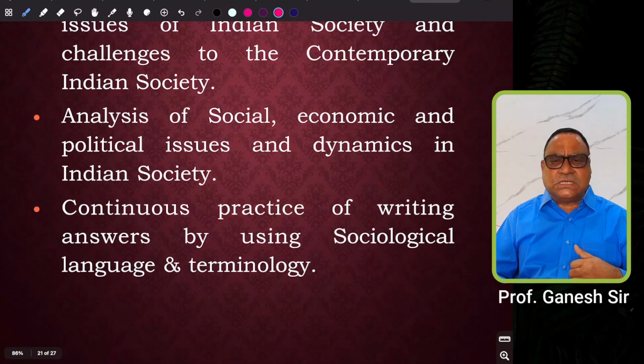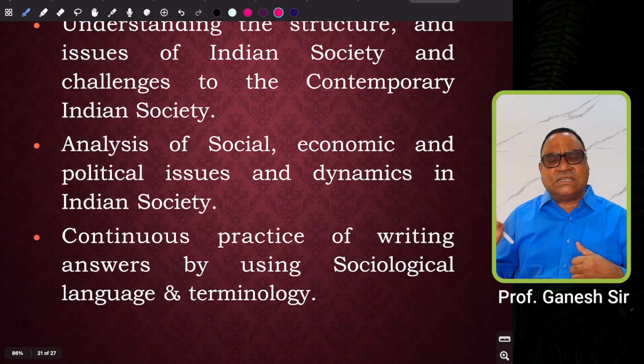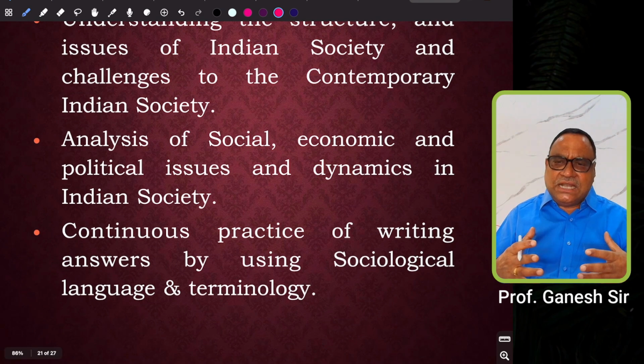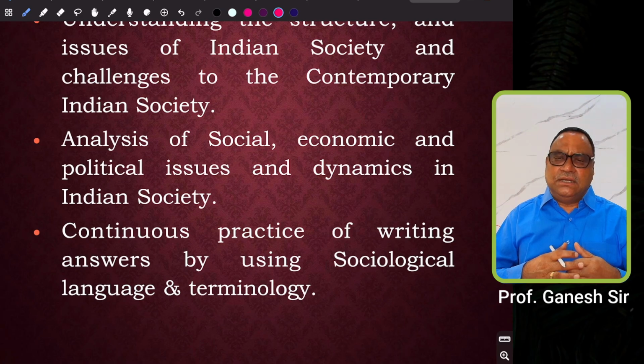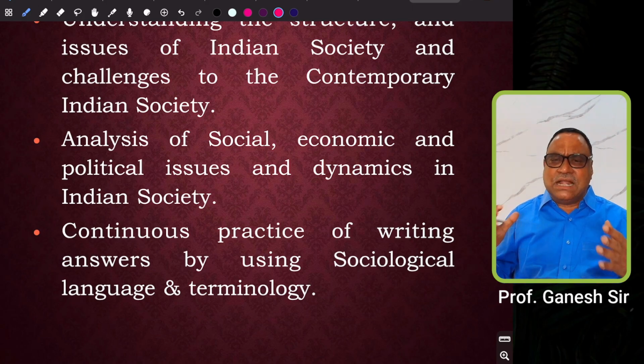Then most importantly, continuous practice of writing answers by using sociological language and terminology. This is very important. While reading certain standard books like Sociology by Anthony Giddens, Sociology: Themes and Perspectives by Haralambos and Holborn, then Contemporary Sociology by Francis Abraham, then Modern Social Theory by George Ritzer. There are many standard books related to sociology.